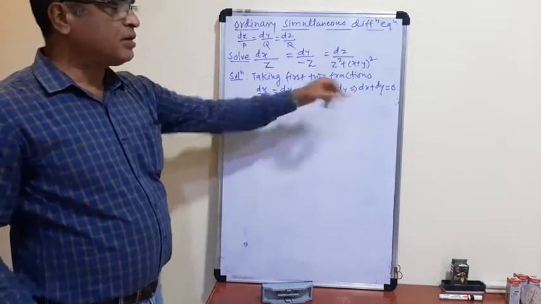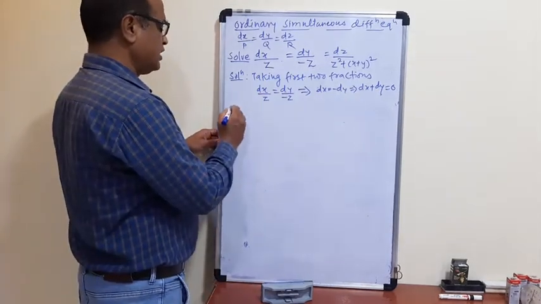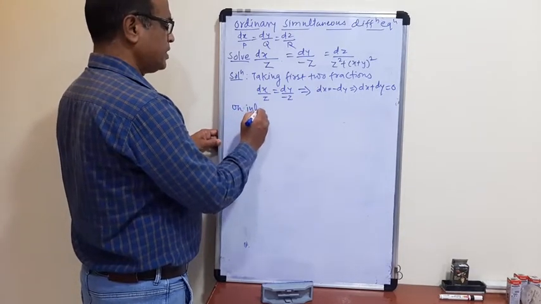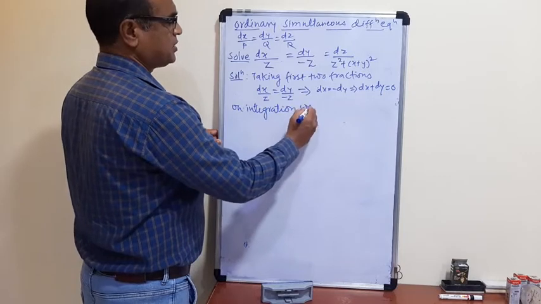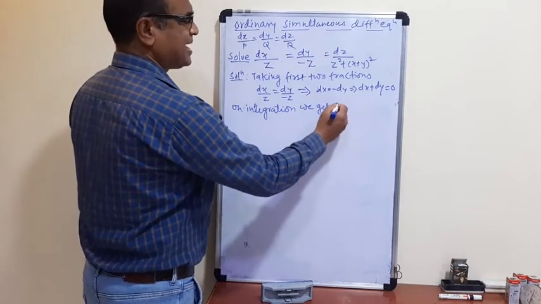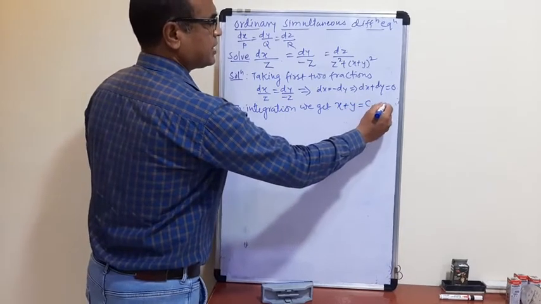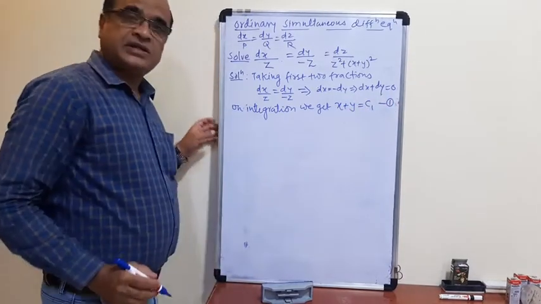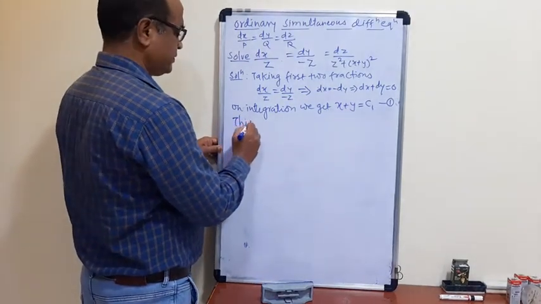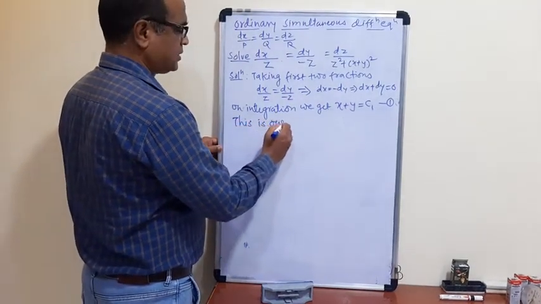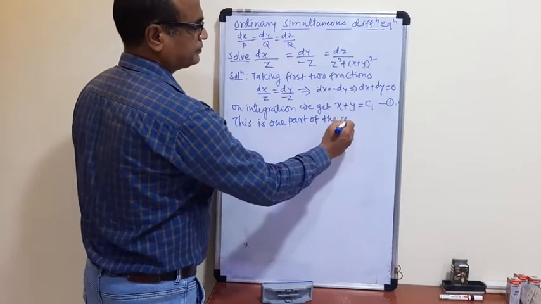Taking integration of this, on integration we get x plus y is equal to the integrating constant, so that is c1. So this is one part of the complete solution. Okay.